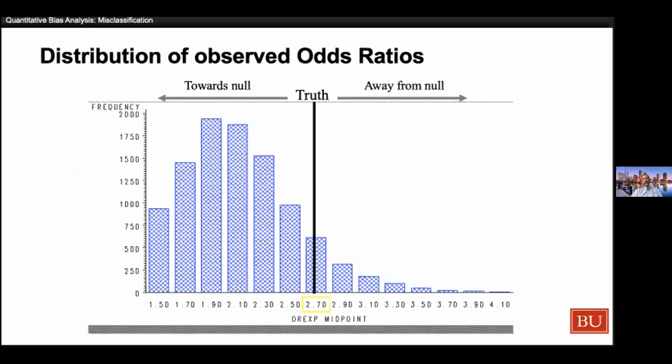It's equivalent to this example that we looked at in the beginning, where I ran the simulation 10,000 times on a fairly modest sized data set, and we saw that most of the adjusted estimates were towards the null, but a small proportion of them are away from the null. But if you think about this example, if the data set gets larger and larger and larger, it will converge to the expectation, right?